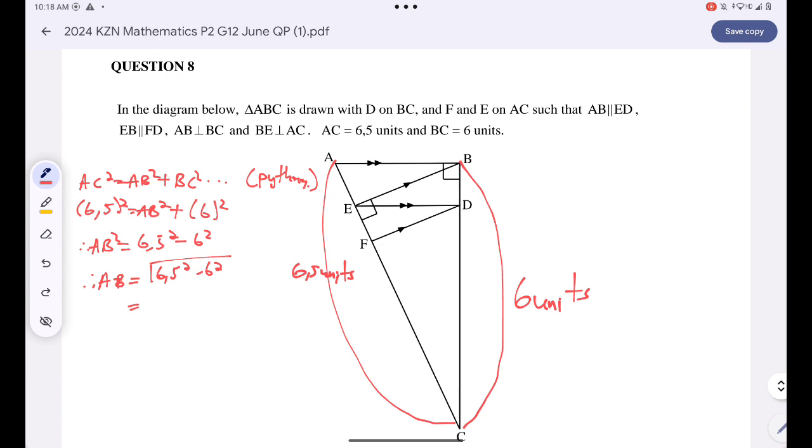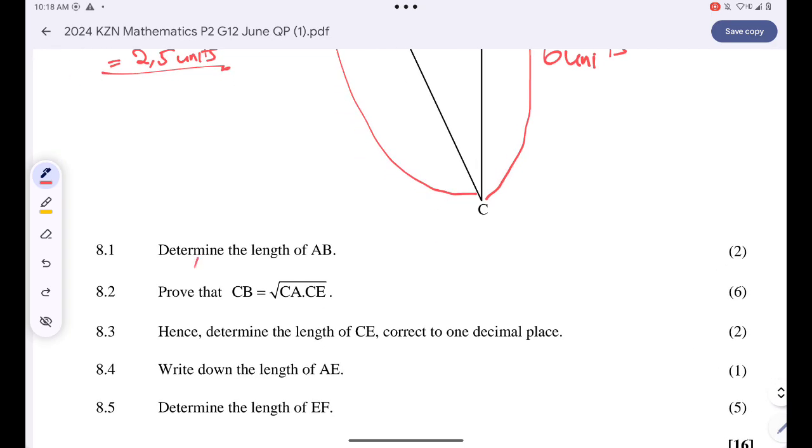This will just give us 5 over 2, which can also be written as 2,5 units. So I now know that the length of AB is 2,5 units.